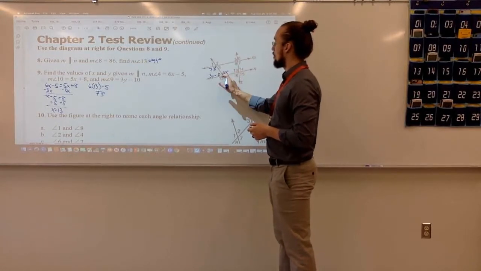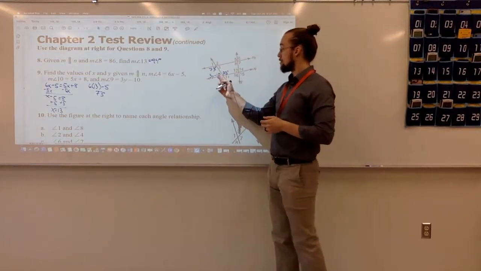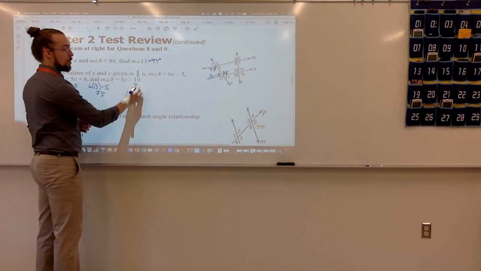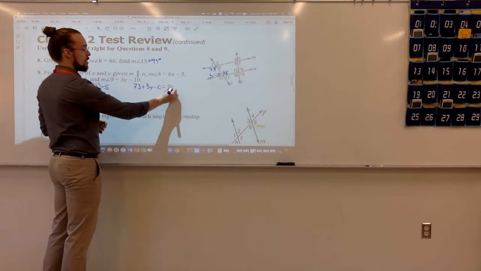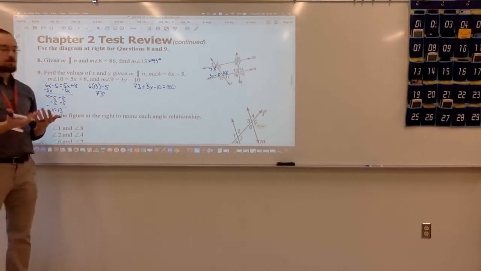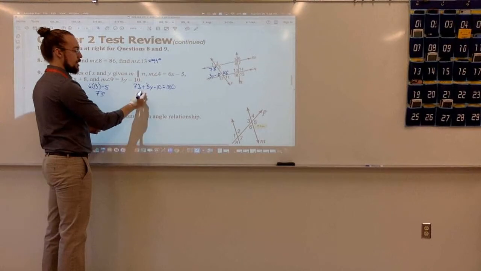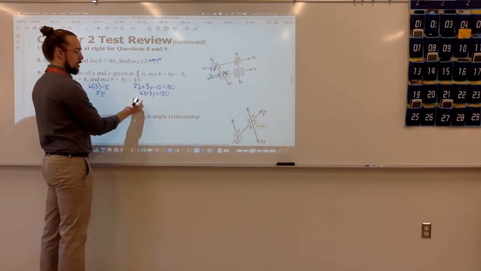So now, 180 minus 73. So what we're going to say is, if I do 73 plus 3y minus 10 equals 180, essentially that's 180 minus 73, right? But I can combine my like terms and get 73 minus 10 would be 63 plus 3y equals 180.